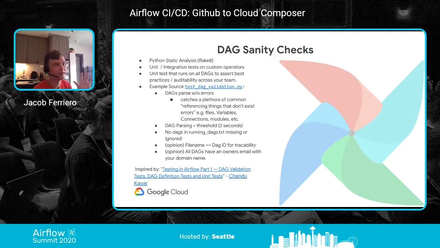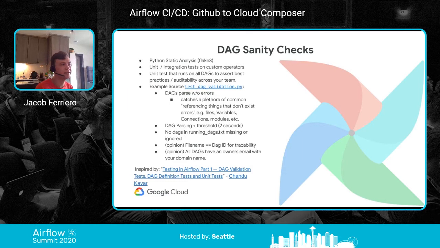This is a bad DAG. And if we have many bad DAGs, this can actually cause issues with crashing the web server. But all of this is very avoidable if we just throw this style of test in between the developer who commits to GitHub and that GCS bucket which deploys to Composer.